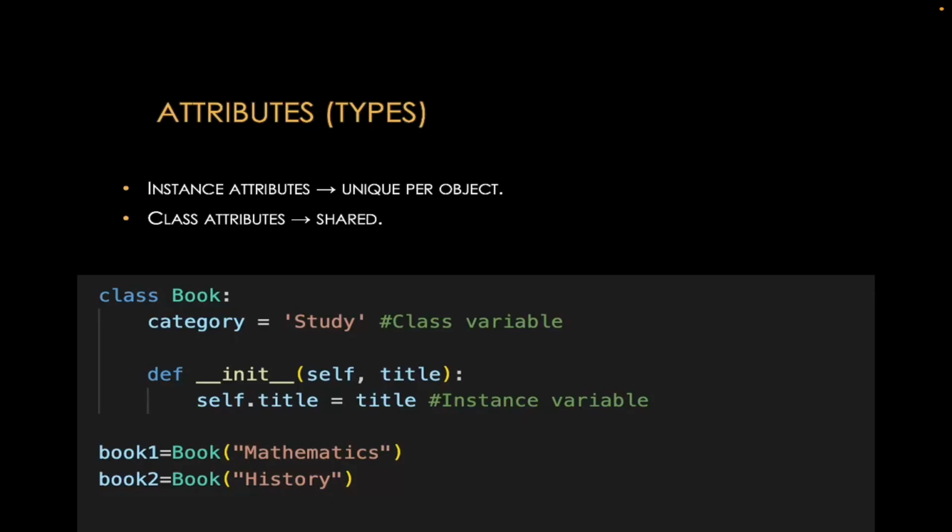We can see here book 1 and book 2. They are two objects. For book 1 we are setting the title Mathematics. For book 2 we are setting the title History. But for both of the books the category will remain the same, that is Study. So this is the difference between class level variable and instance level variable.